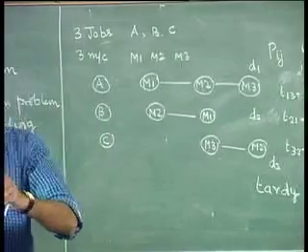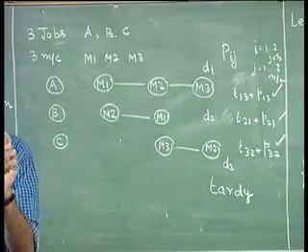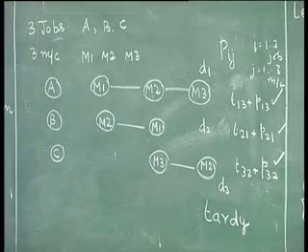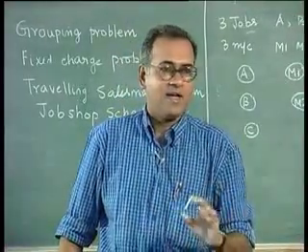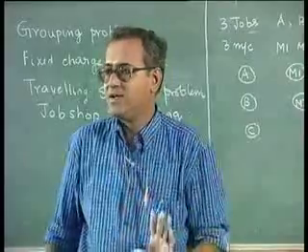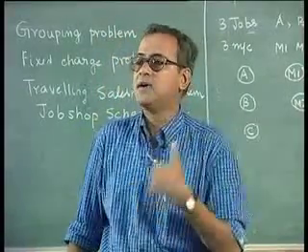So, a job can either be early or tardy. The term late is a very generic term. Lateness is the difference between the completion time and the due date. If the lateness is negative, it means the job is completed early. If the lateness is positive, then the job is behind, and it is called tardy.